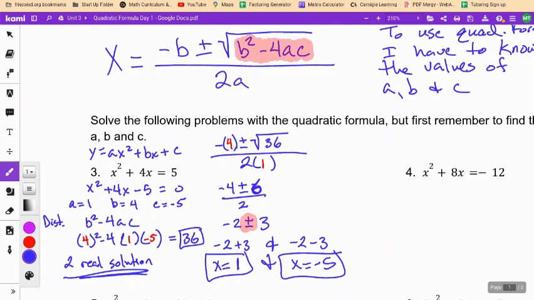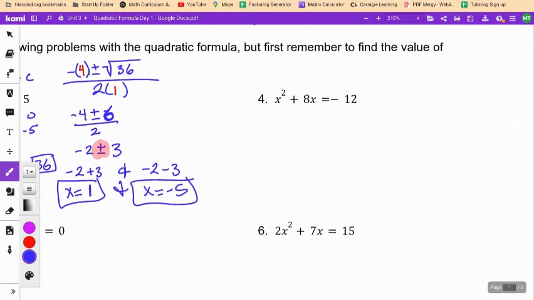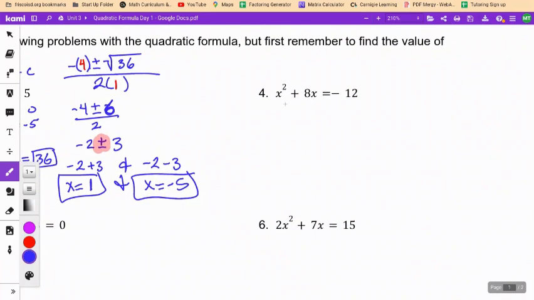All right, so then I'll work number 4 the exact same way, and then I'll try to simplify things for you guys in just a second. Again, I need this in standard form, so I need to adjust this equation. x squared plus 8x plus 12 is equal to 0. I added 12 to both sides. I now know a is 1, b is 8, c is 12.